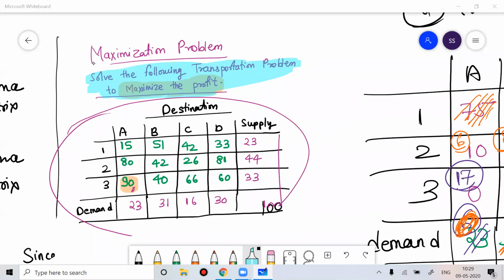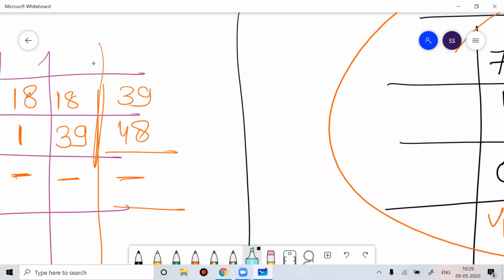So your objective function was maximization. So once you get this problem, now what you have to do? You have to do the allocation.